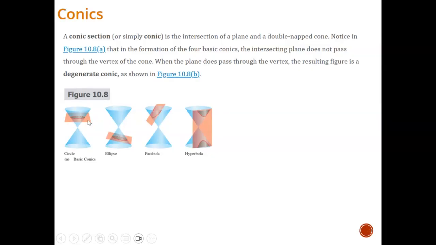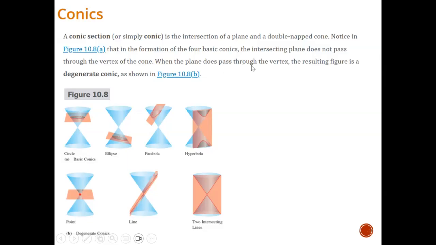If you cut the cone with a plane horizontally, it's going to be a perfect circle. If you cut it diagonally, it's going to be an ellipse. If you cut it on top, it's going to be a parabola. And if you cut it straight down, it's going to be a hyperbola. So 10.2 is the parabolas, 10.3 are ellipses, and 10.4 are hyperbolas.